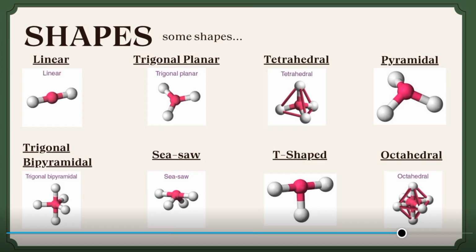Seesaw and T-shaped, because even molecules like to mix things up. And finally, octahedral, symmetry at its finest, with 6 bonds around the center. Each shape tells a story about how electrons arrange themselves, a little dance of balance and geometry.